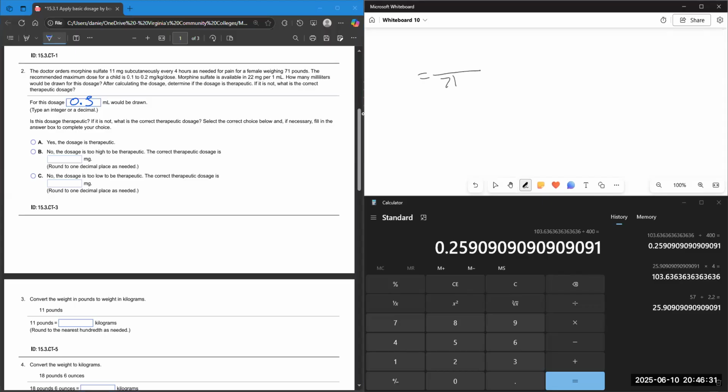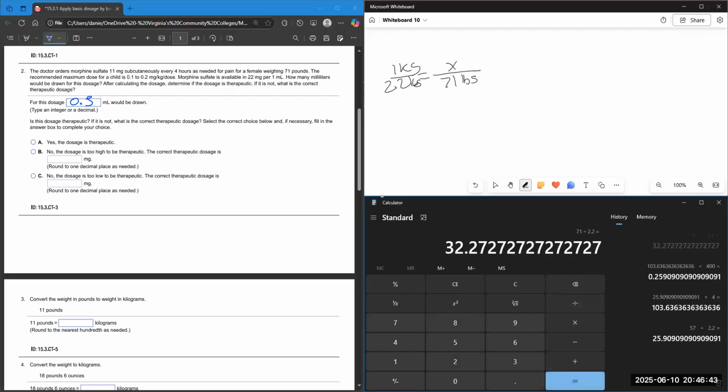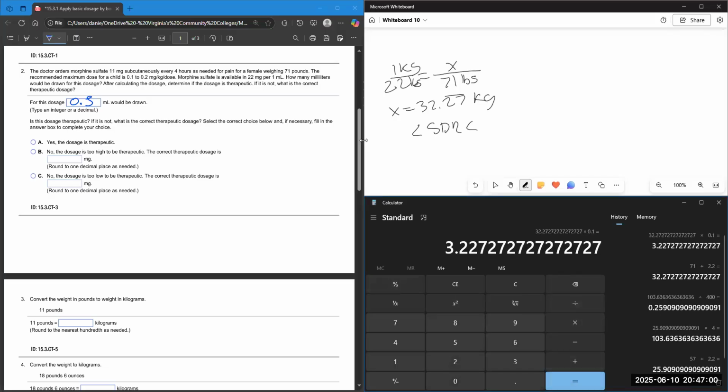So 71 pounds for this child, 2.2 pounds per kilogram, 71 divided by 2.2 is going to be 32.27 repeating kg, meaning that our safe dosage range is somewhere between, times 0.1, 3.227 milligrams.